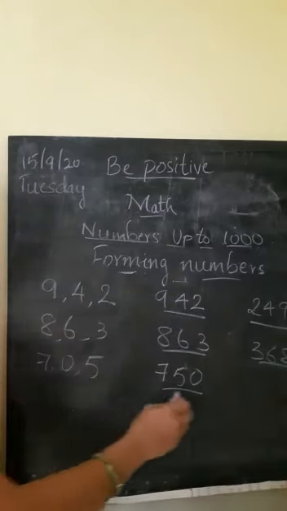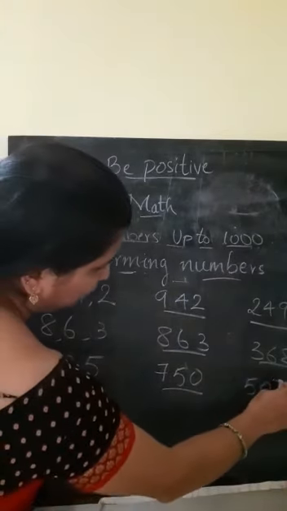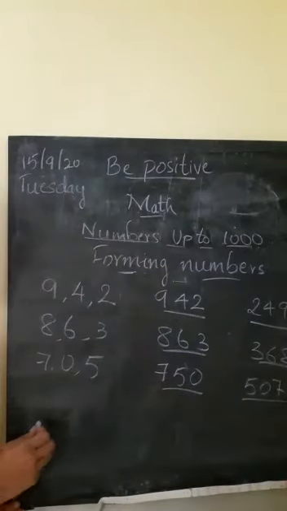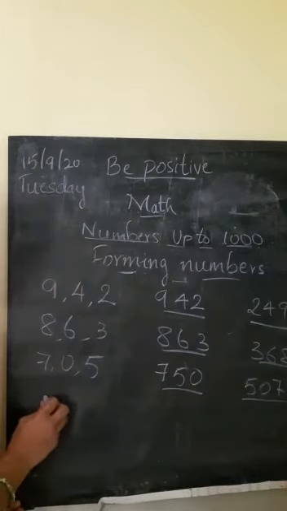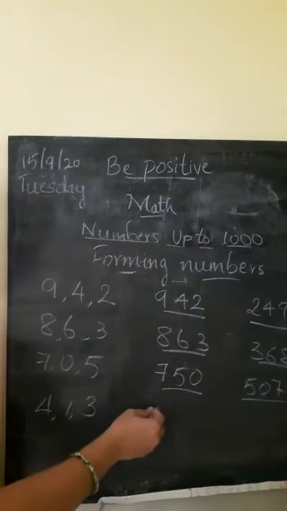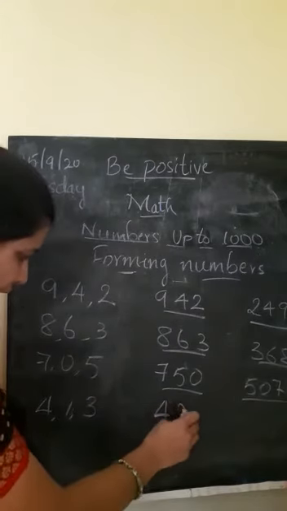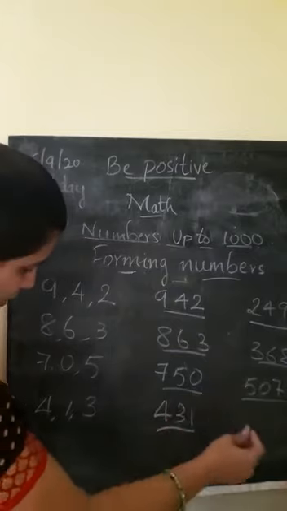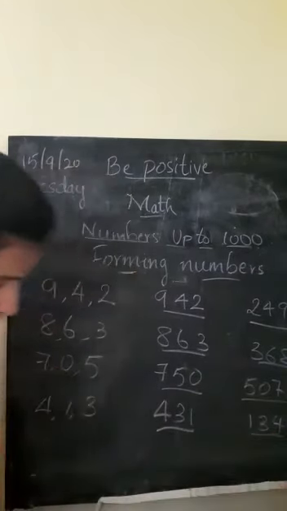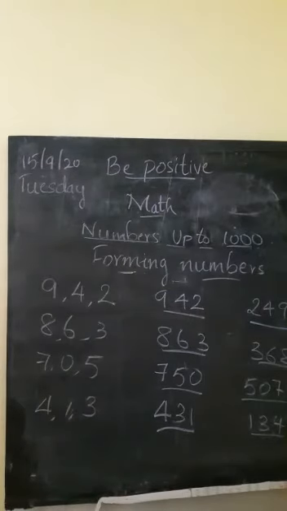So we should write 507. This will be the smallest. Next 4, 1 and 3. The greatest number will be 431 and the smallest number will be 134. So all of you can complete this and you can try with some more digits in your free time.